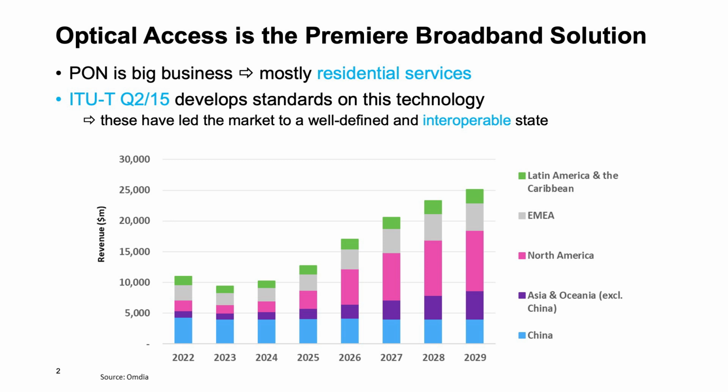And we've seen the market move to a well-defined state with very good levels of interoperability and a very big business. You can see this chart from Omdia showing the size of the market today and how it might evolve in the future. So tens of billions of dollars of revenue.